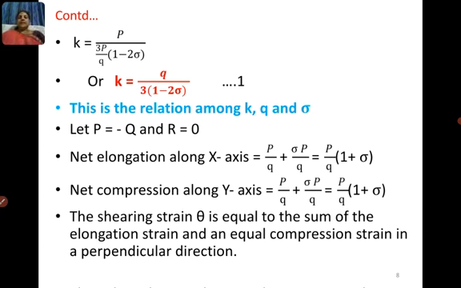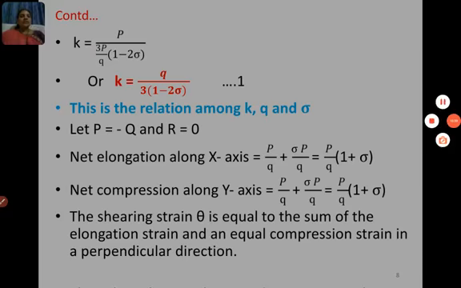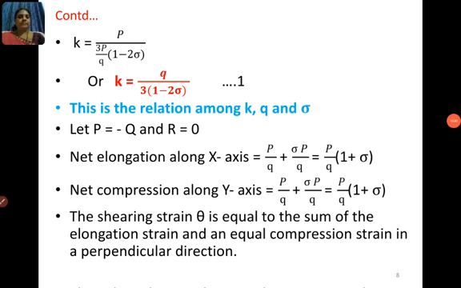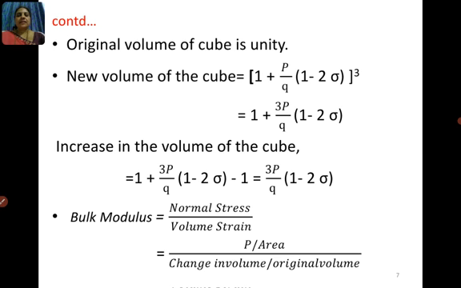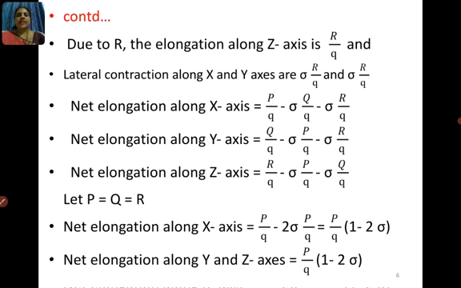Then let P is equal to minus Q. We assume that P is equal to minus Q and R is equal to 0. The net elongation along x-axis is equal to P by Q plus sigma P by Q. That can be obtained by this equation here.